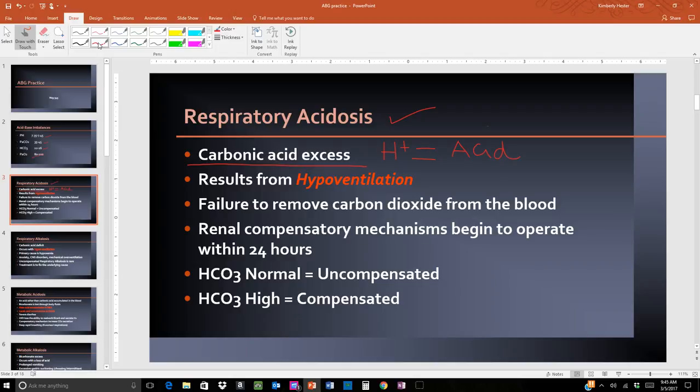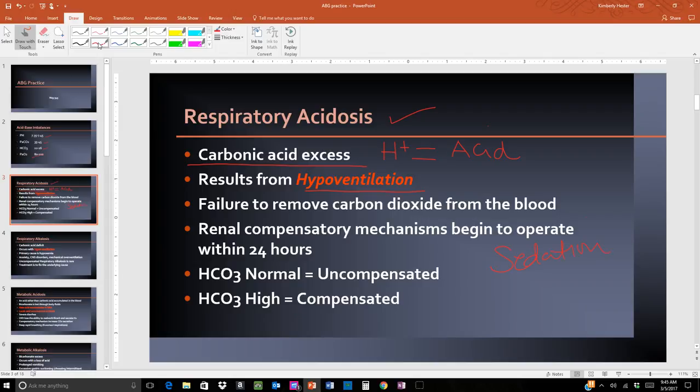And what this results from is the patient not breathing enough. So you're going to see this in patients that have something going on with them that's causing their respirations to go down. So that's going to be something like maybe sedation.